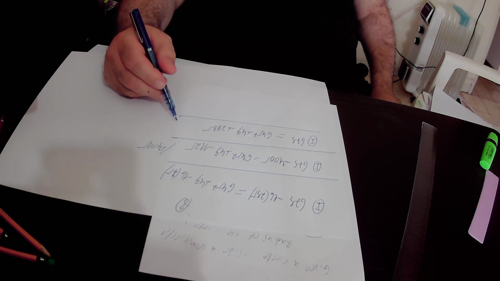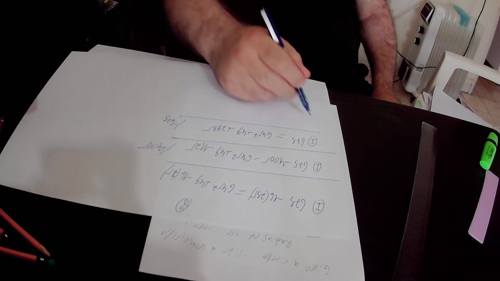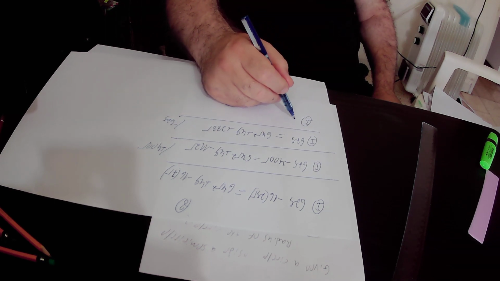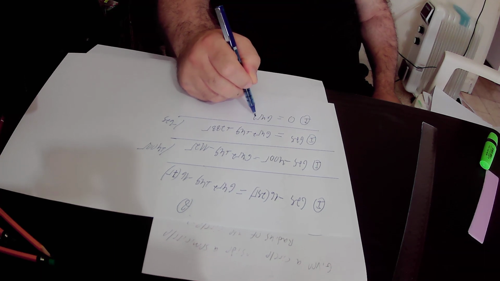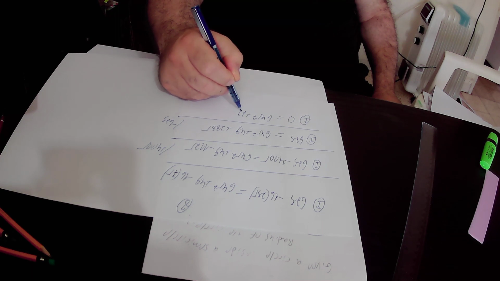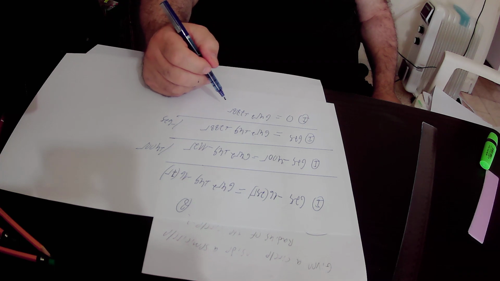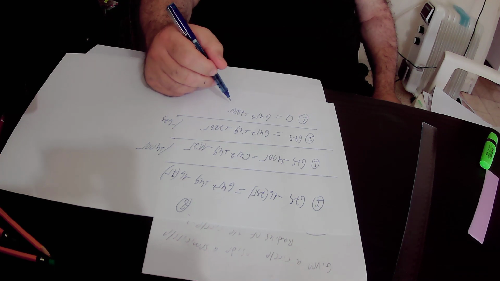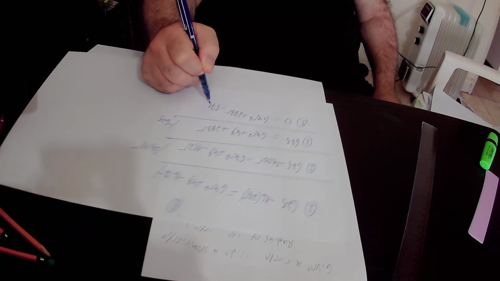Here we will subtract 625 from this equation, and we get that 625 minus 625 is 0, and it is equal to 64r squared plus 288r, and here we have 49 minus 625, which is equal to minus 576.